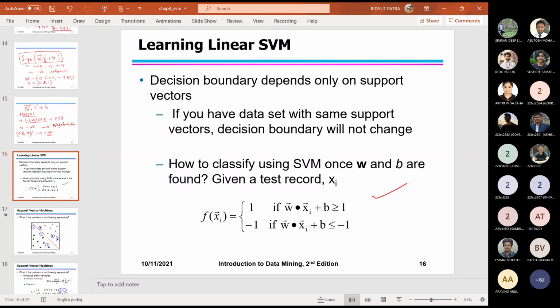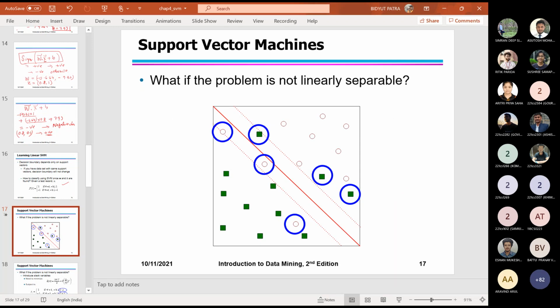Now what next? The scenario is like this: some of the green squares are appearing in this region, and similarly some of the circles are appearing in this region. We had a decision boundary in the earlier case somewhere here.